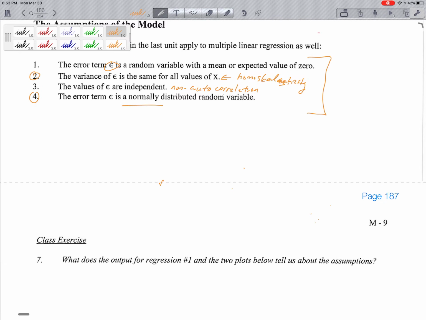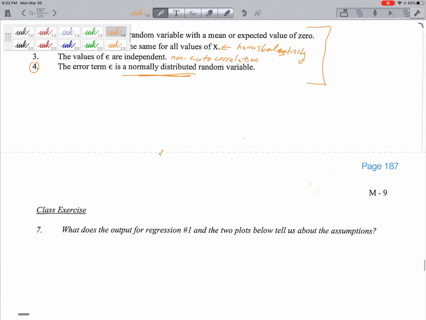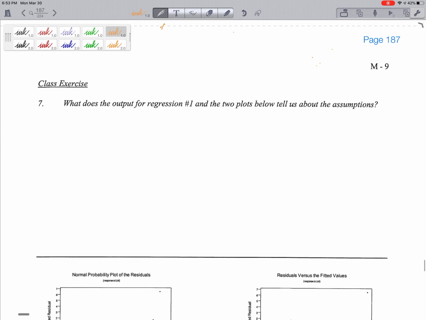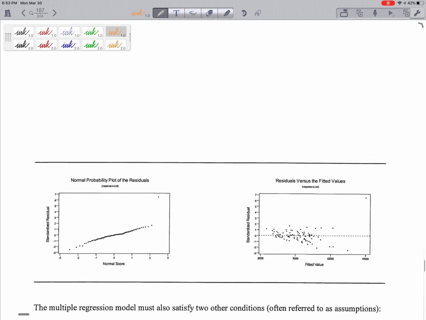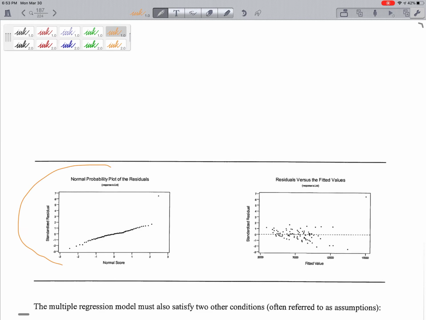I'm just going to take a look at number 2 here. And then number 4, which is that the error terms are normally distributed. And so down here, I've got a couple of little plots. This is a normality plot, which a lot of stats programs give you. You can actually do that with Excel in terms of plotting the residuals.